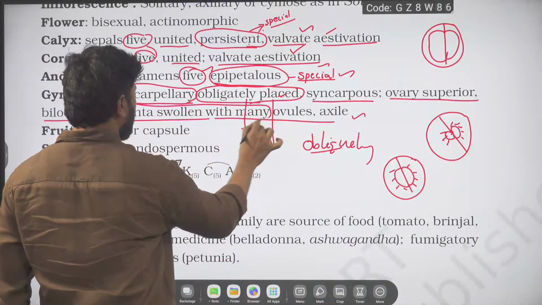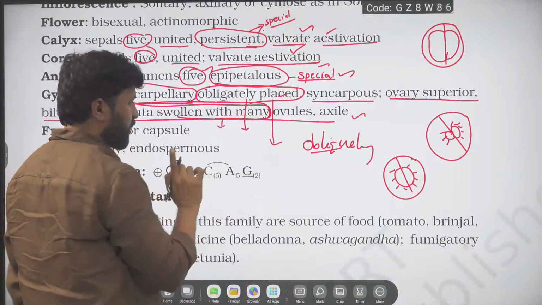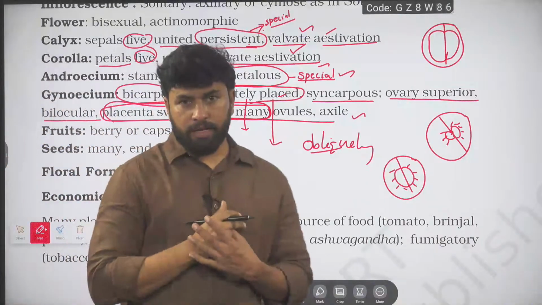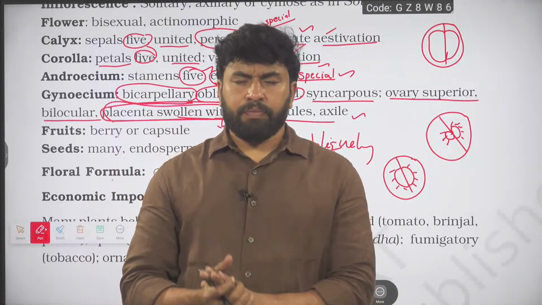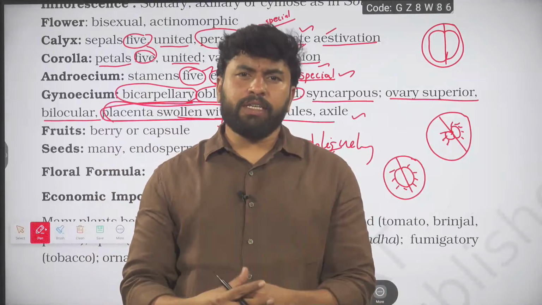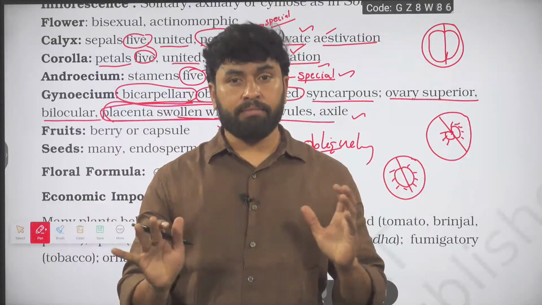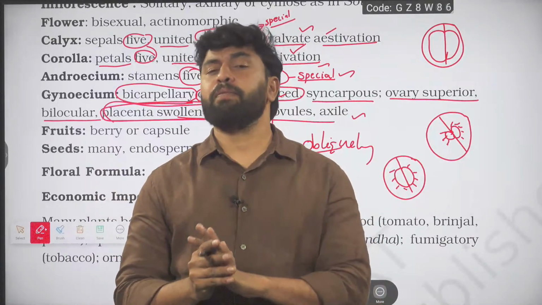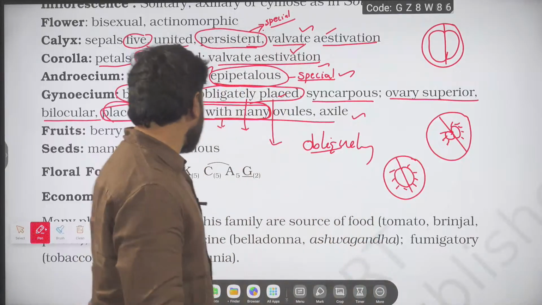Placenta is swollen. One more thing you need to remember. Placentation, if you wanted to represent it, would be represented in the floral diagram. Placentation we do not represent in the floral formula. You got the idea? Next one.